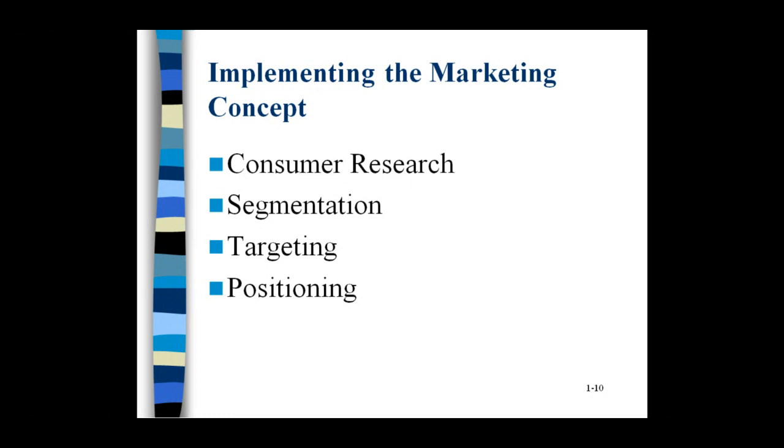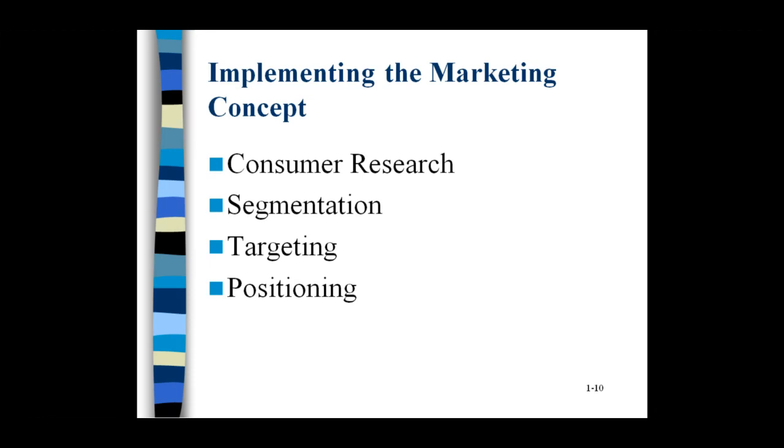Now, if you are going to identify the needs and wants of the target market, you have to do extensive market research. You have to be in the market first of all. You have to talk to your customers. You have to take focused interviews with your customers: what they think, what they need, what they want, and how a company can create a product that caters to the specific needs better than the competitor.